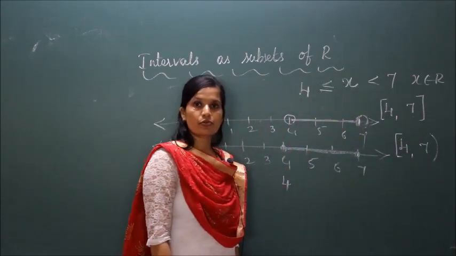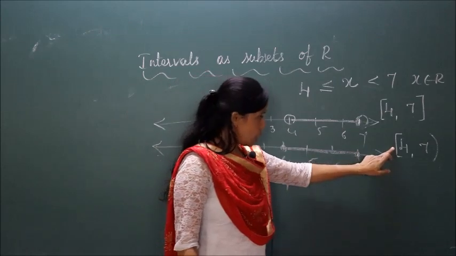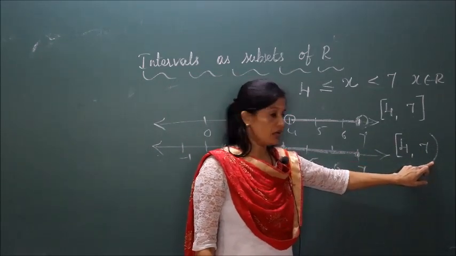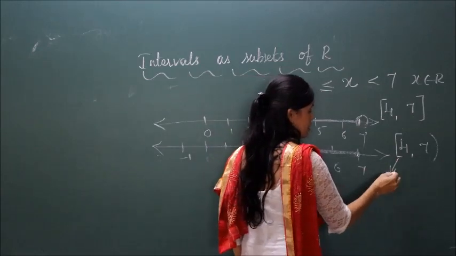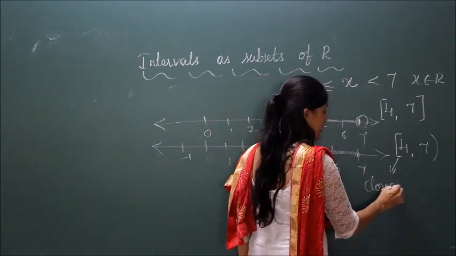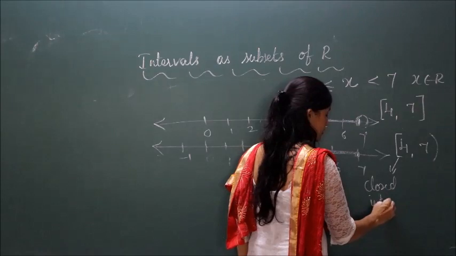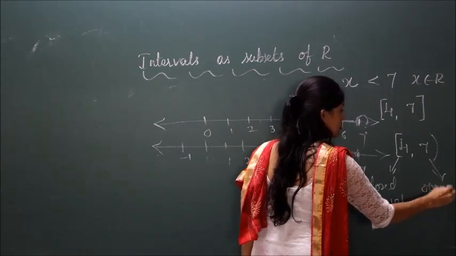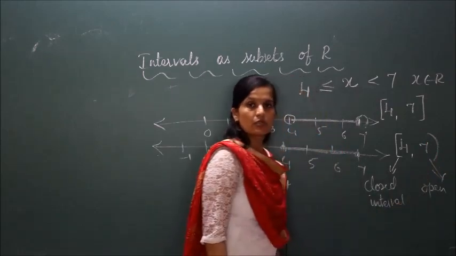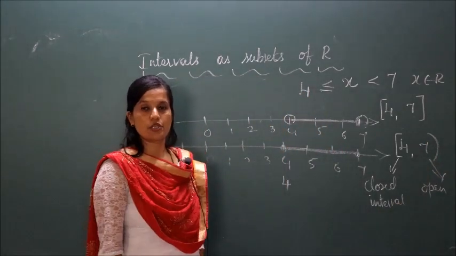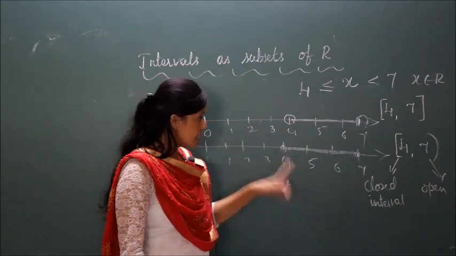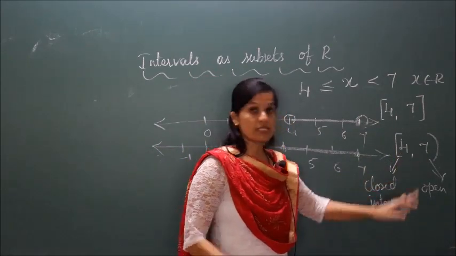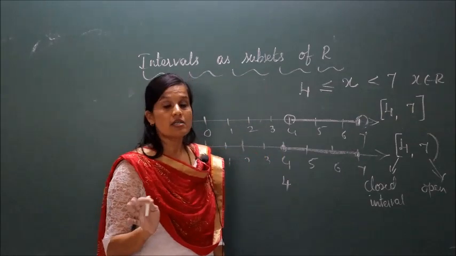This is a closed interval, this is called an open interval, closed interval with the square bracket, and open interval with the round bracket. So it is understood that the number 4 is present in the set, but 7 is not there in the set.